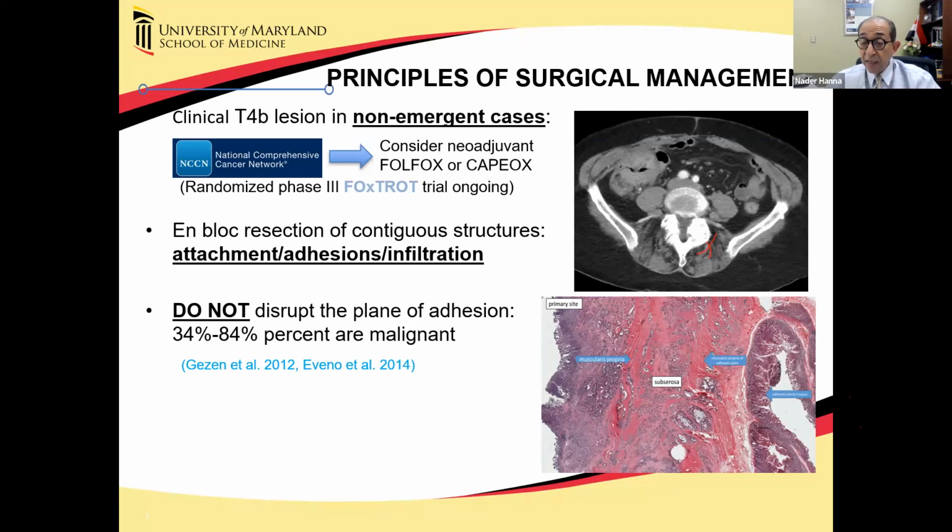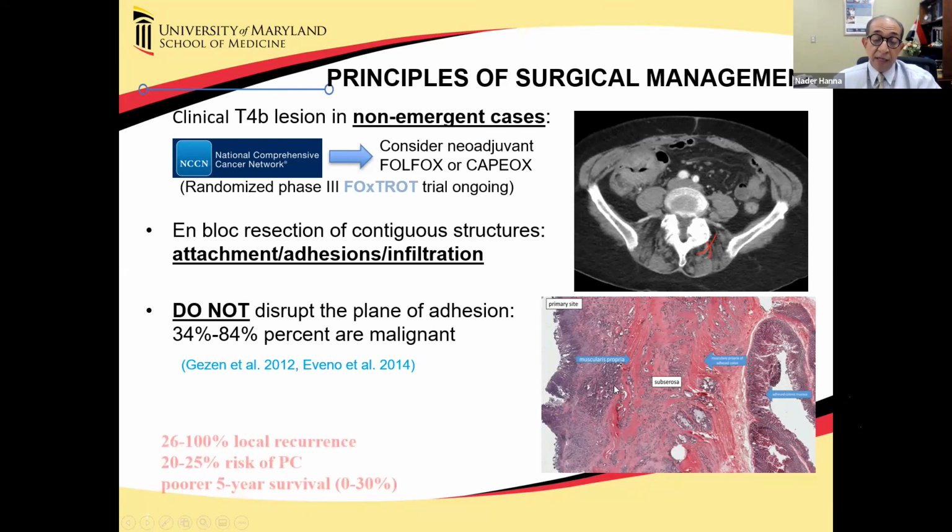You can see here the muscularis propria, here's the subserosa, and this is the adjacent normal colonic mucosa. And you can see there's tumor infiltration into the adjacent colon. So you do not want to disrupt this adhesion. This is a malignant adhesion. You actually want to resect both portions of the bowel.